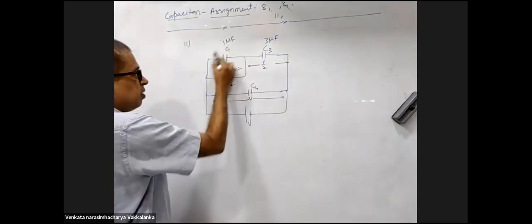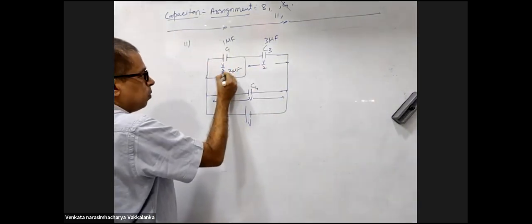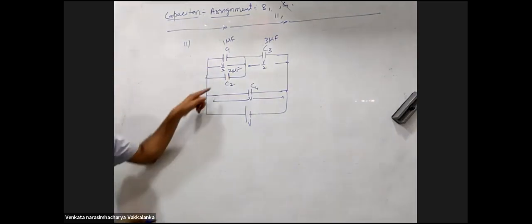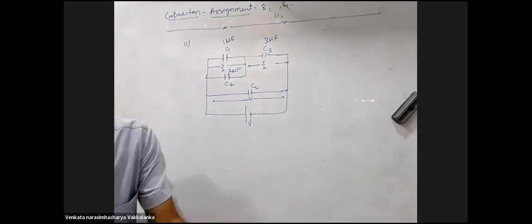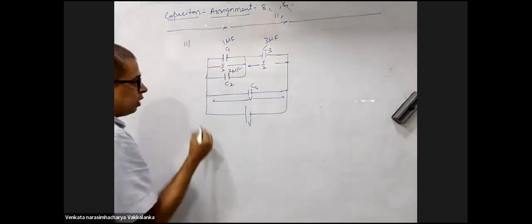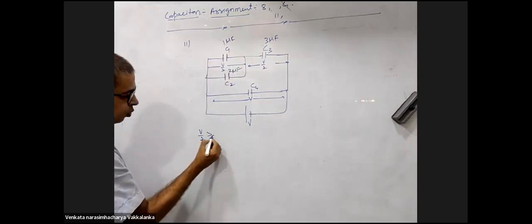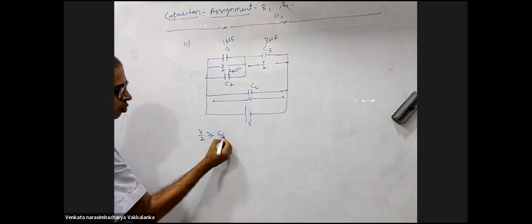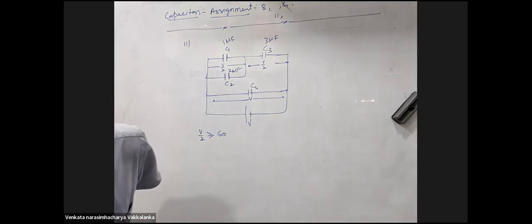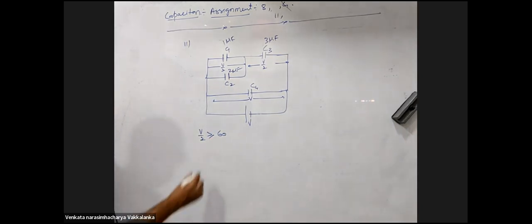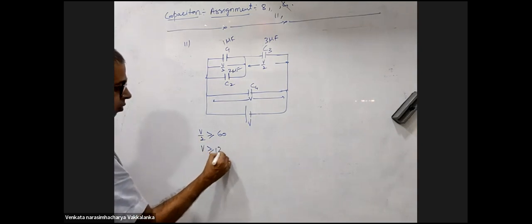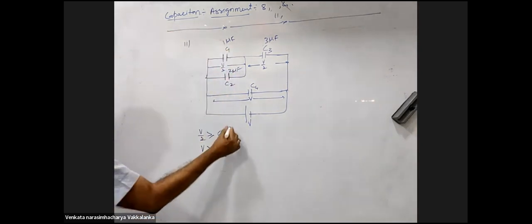So this is V by 2, and this will be V by 2. V by 2 is the potential across both of them. So case 1, for breakdown at C1, V by 2 should be greater than or equal to 60 volts. Did he give you 60 volts? So V greater than or equal to 120 volts, C1 will break down.